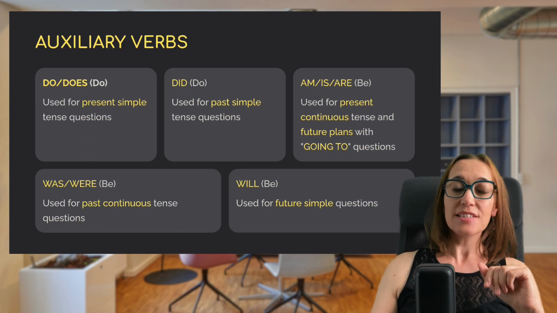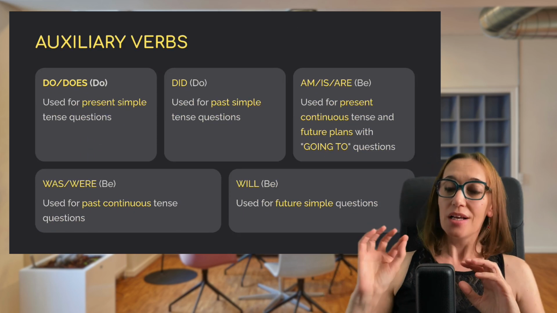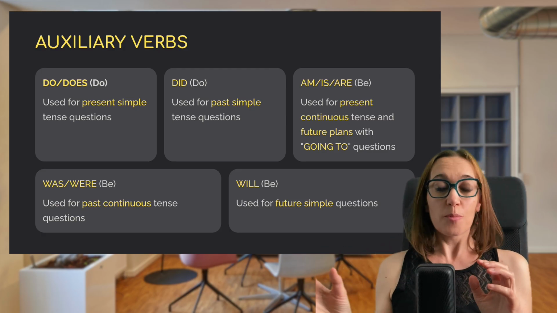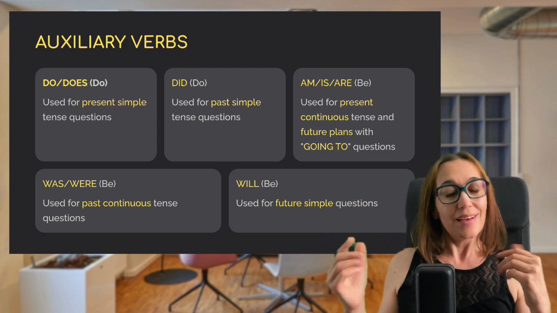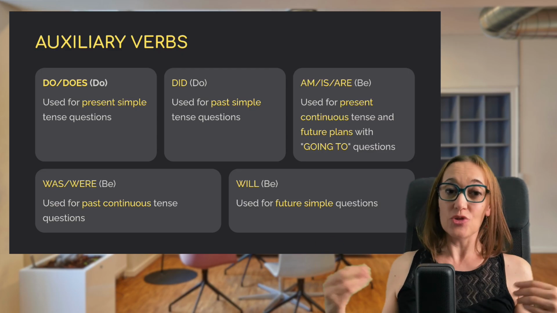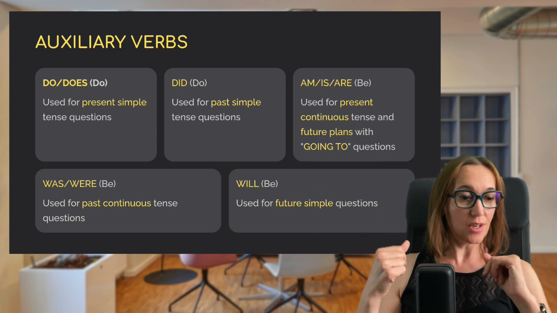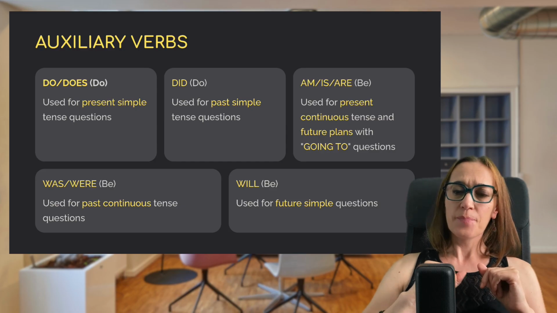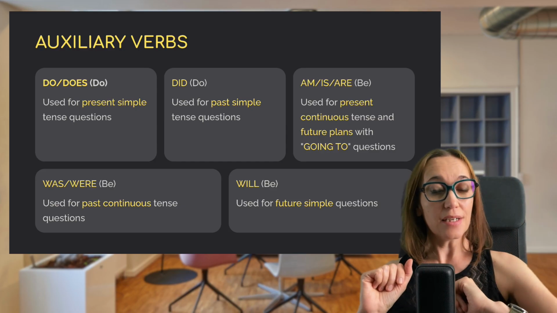Let's move on and see our last helper, last auxiliary verb, that is the future form of the verb to be, that is will. And of course, it helps us build questions about future actions like, how will you go to London next week? Or will you call me later?